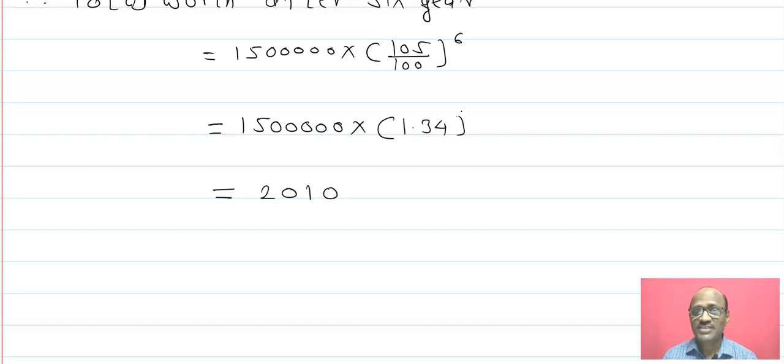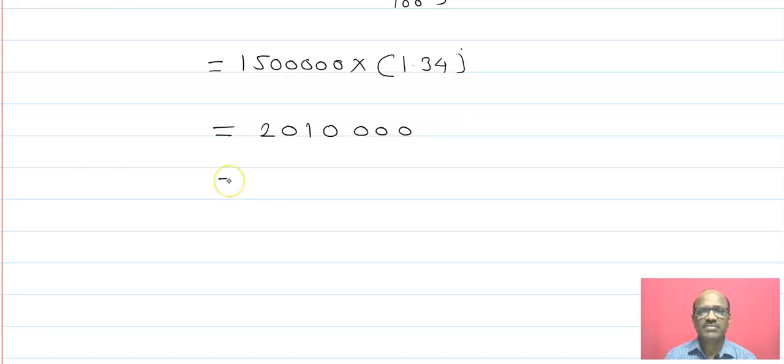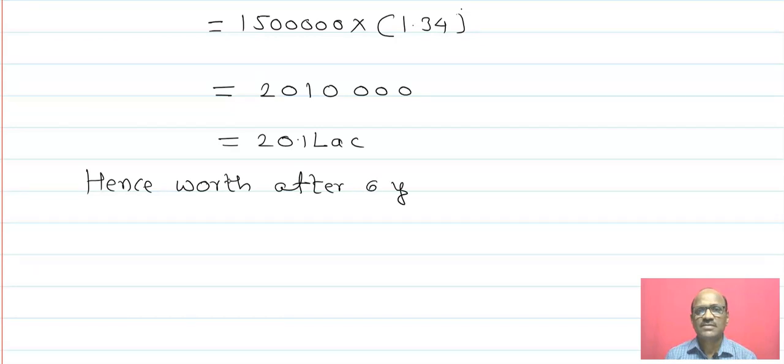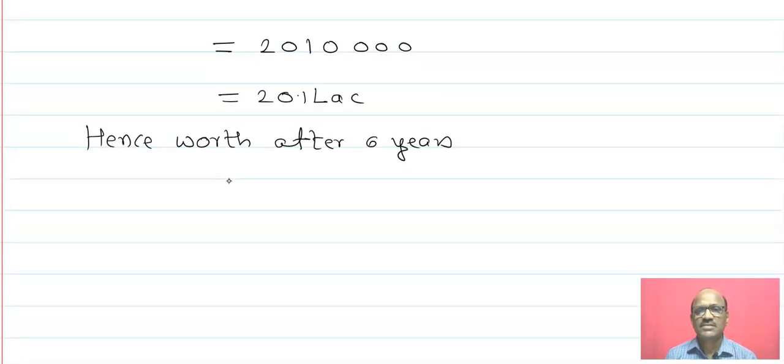Now their multiplication is 20 lakhs and 10,000. Its value is already given, therefore we have to substitute. That is 20.1 lakh. Hence the worth after 6 years is 20.1 lakh.